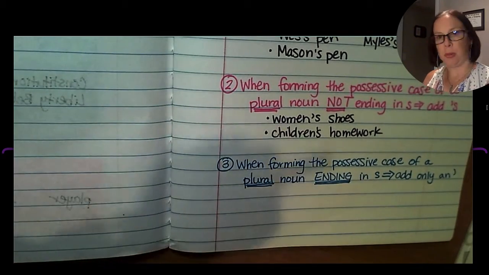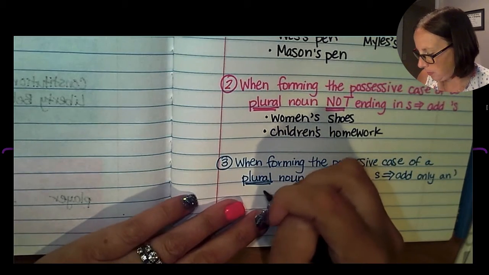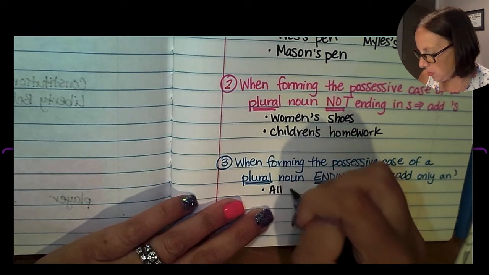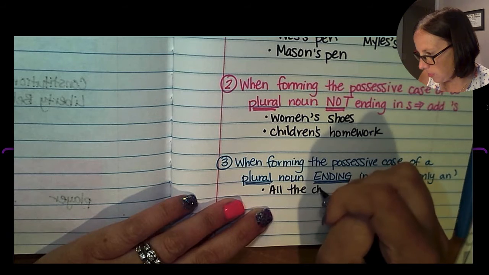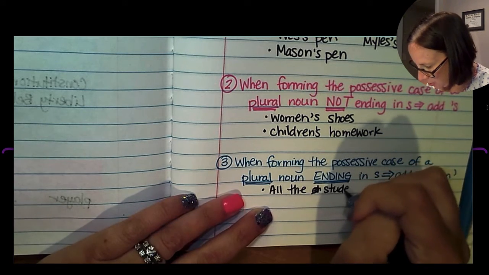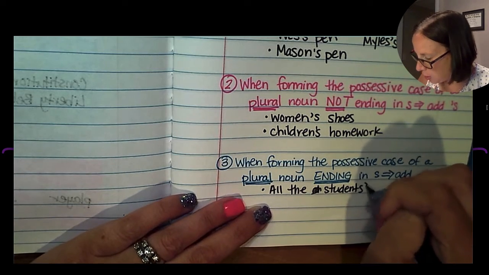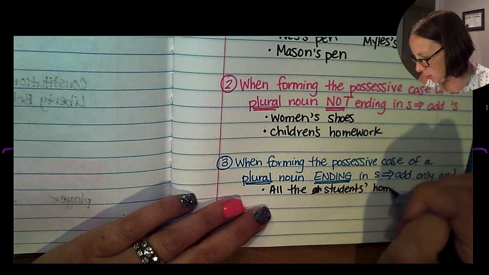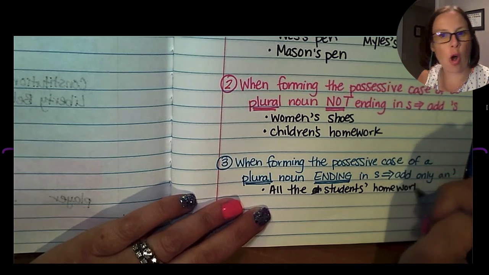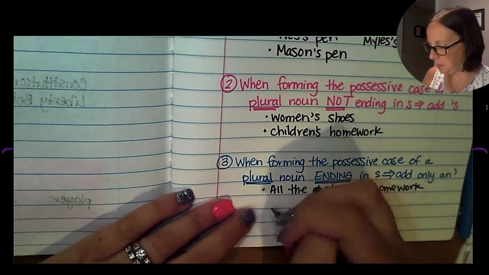So here are my examples. I have students, that means more than one. All the students' homework. I'm collecting all the students' homework. Then it's just an apostrophe on the end.